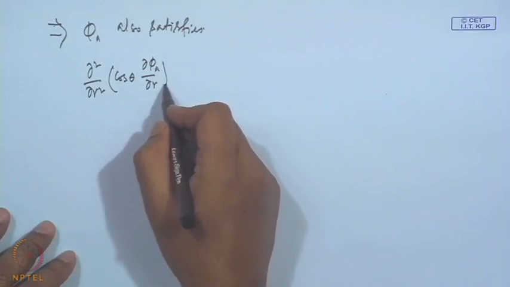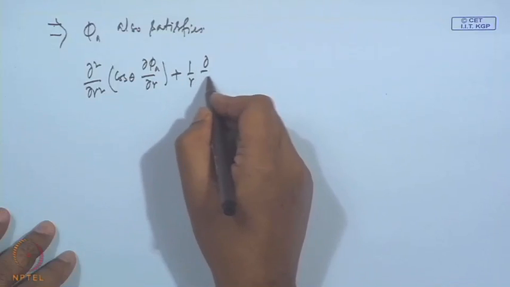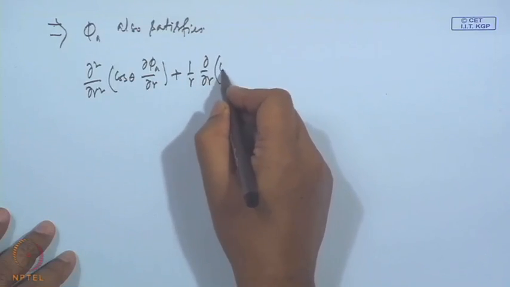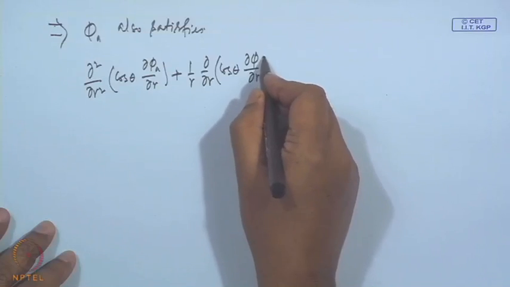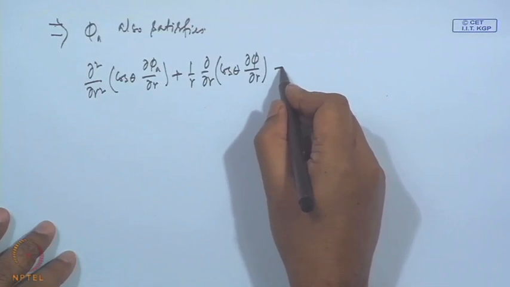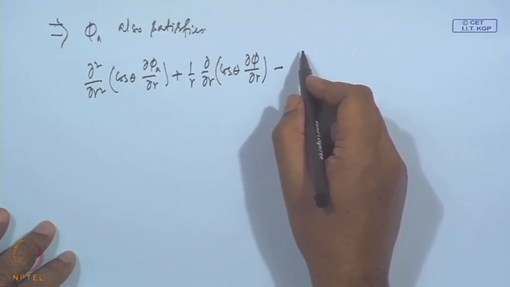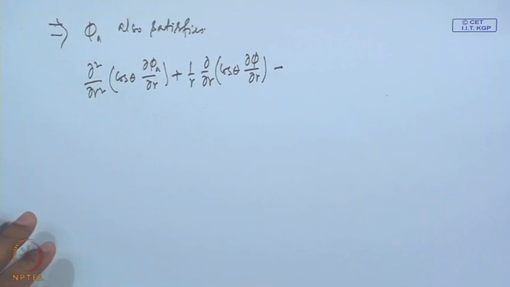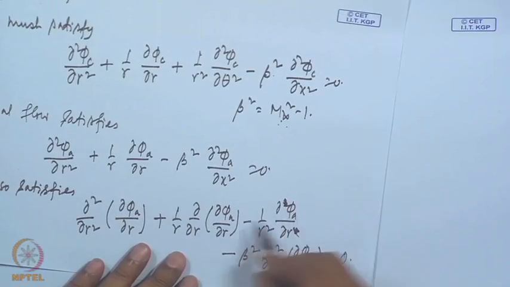d phi a dr plus 1 by r d dr of cos theta d phi dr minus, sorry, in this equation these are not square, this is first derivative.